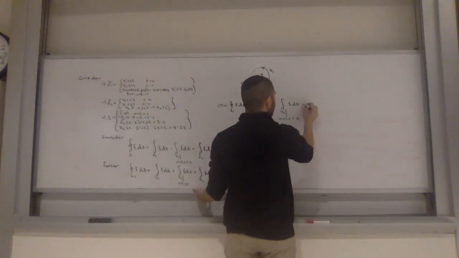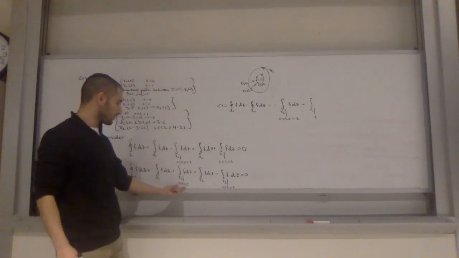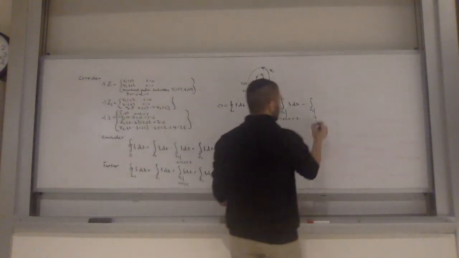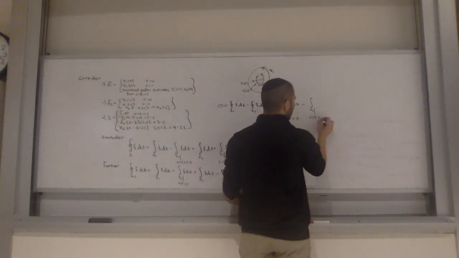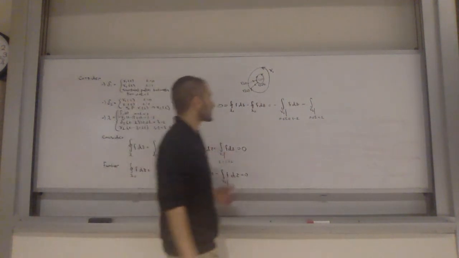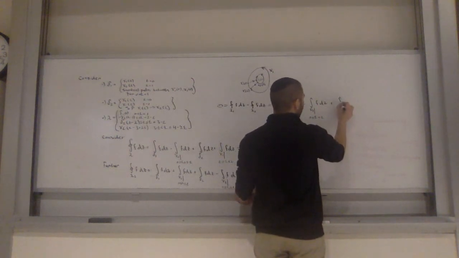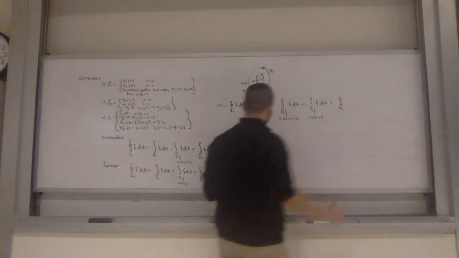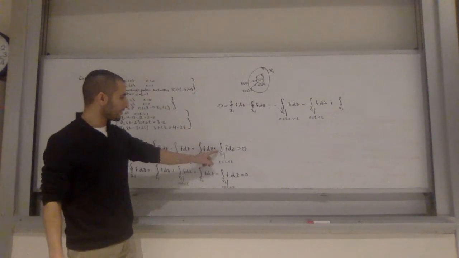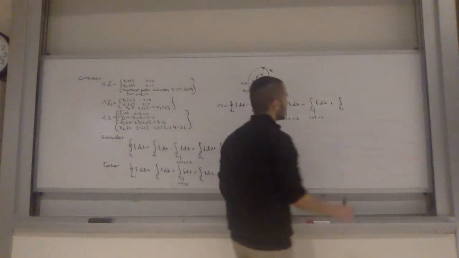So minus the integral along gamma 2 when t is greater than 0, less than epsilon, of f dz, plus the integral along gamma 1, that's over here, of f dz, where t goes between epsilon and 1.